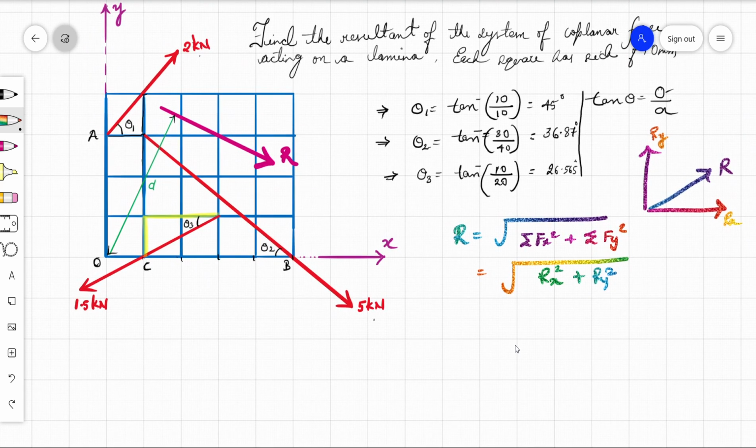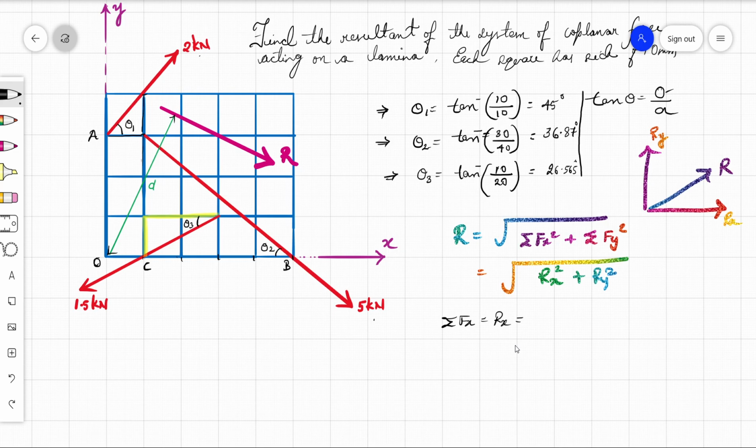So in our next step, we proceed to find summation of Fx, or Rx. If we do the summation of Fx, I hope you are very good with the concept that if there is a theta connecting to the x-axis, we take the x component as cos theta, right?